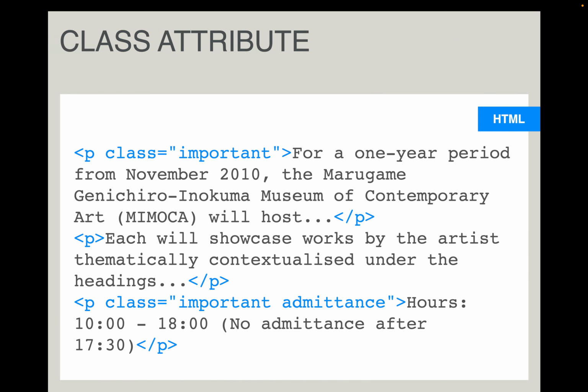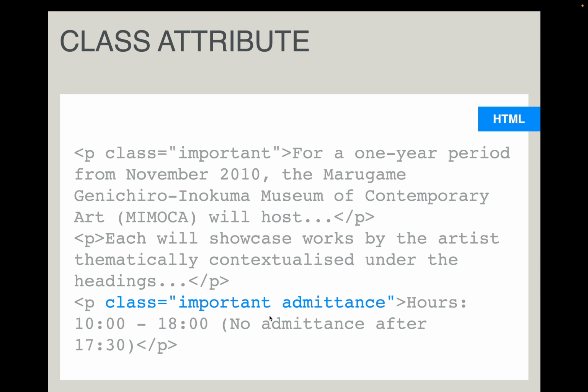In a similar way, we can use classes. In this case, they have class important. And I think they make the stuff that's important, they style it in CSS as red. Notice with classes, it's possible to put multiple classes even on the same element. In this case, the class important and the class admittance is annotating this particular paragraph right here.